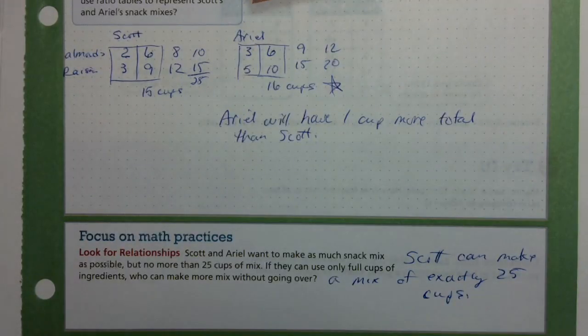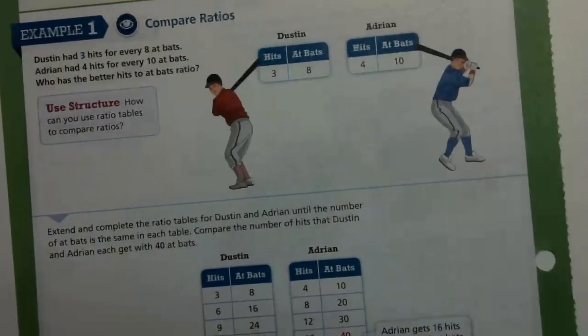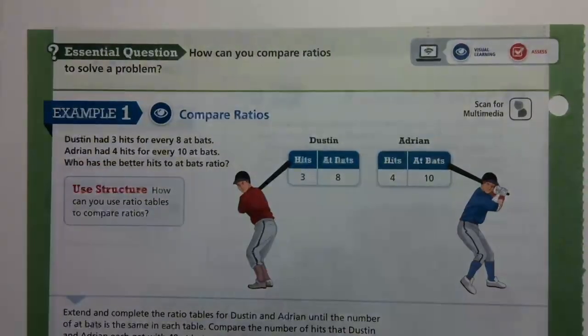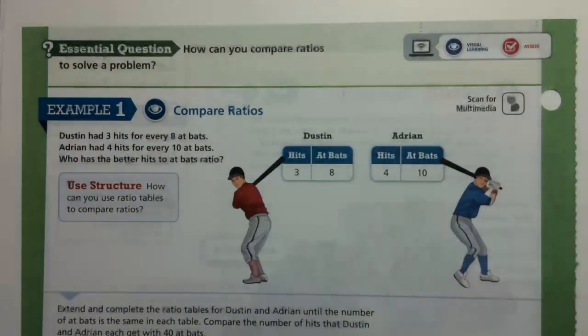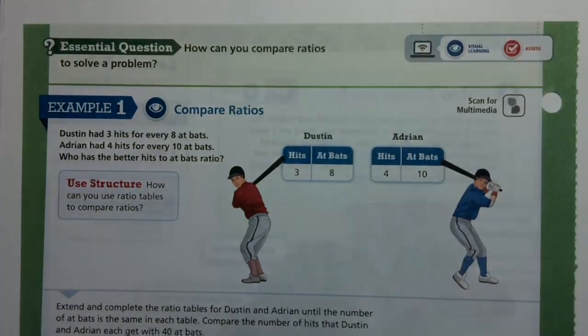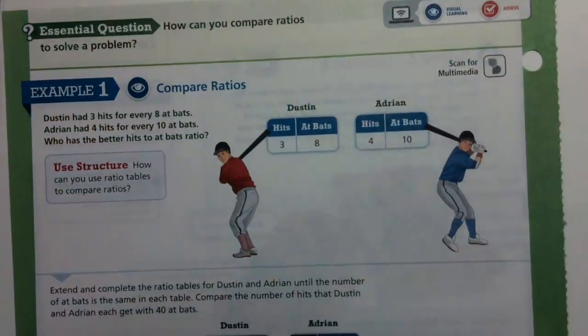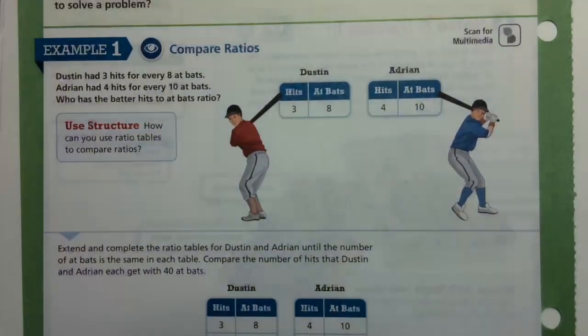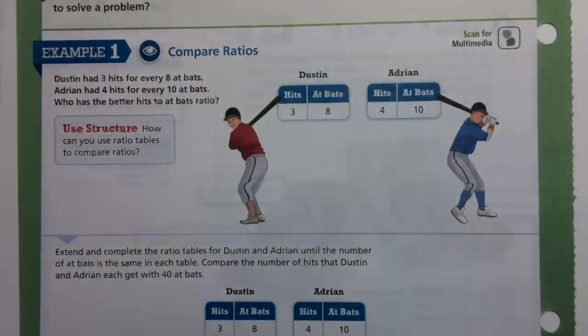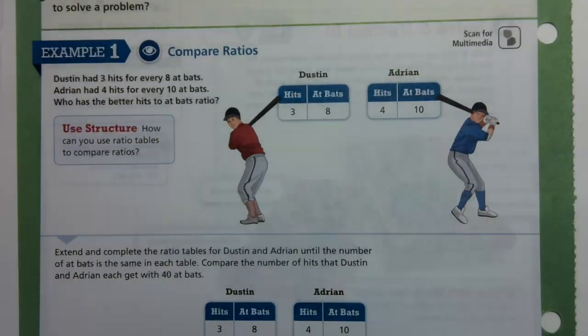Okay, let's go to page 280. Essential question, how can you compare ratios to solve a problem? All right, comparing ratios. Dustin had 3 hits for every 8 at-bats. Adrian had 4 hits for every 10 at-bats.